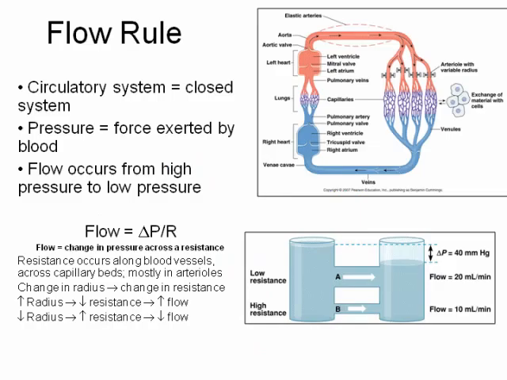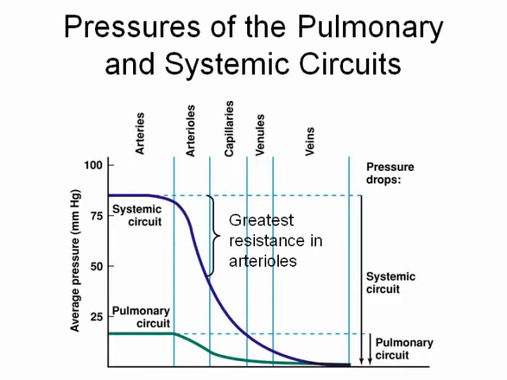Let me go back to one of our first slides. That is because in the arterioles, right before we get to the capillary beds, we have basically valves. There's smooth muscle that is regulated by the autonomic nervous system that can increase resistance and therefore decrease flow. And that is why we have this very large drop in pressure here.